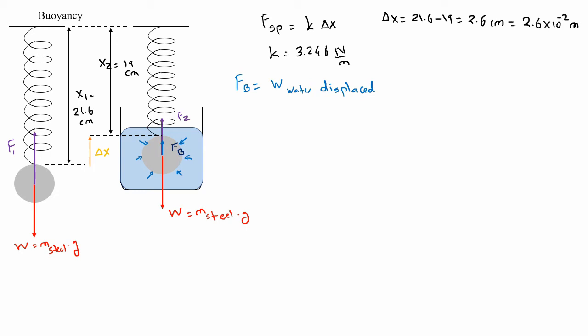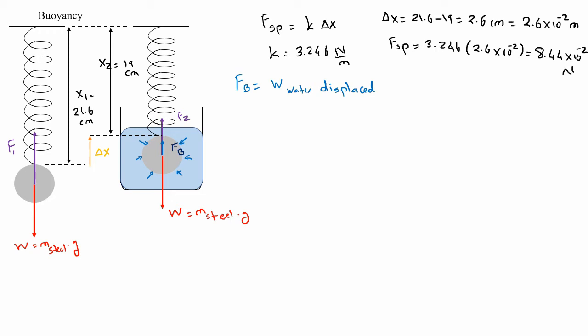Okay, so let's calculate the force from the spring for that delta X, which is nothing but the buoyant force. So 3.246 times 2.6 times 10 to the negative 2, and that turns out to be 8.44 times 10 to the negative 2 newtons.